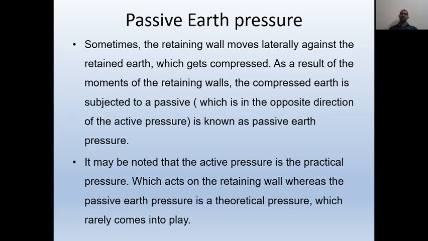Therefore it will be a lesser value compared to the passive earth pressure, because passive earth pressure happens when the wall moves towards the backfill, thereby creating more compressive pressure. Therefore active earth pressure will be very much smaller than the passive earth pressure. And there is also at rest earth pressure, which is in between active earth pressure and passive earth pressure.